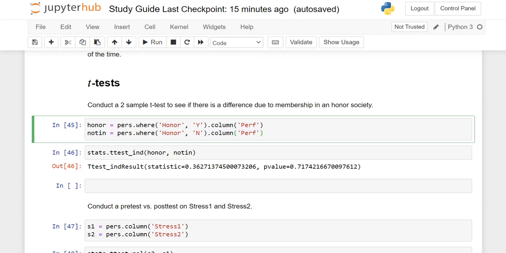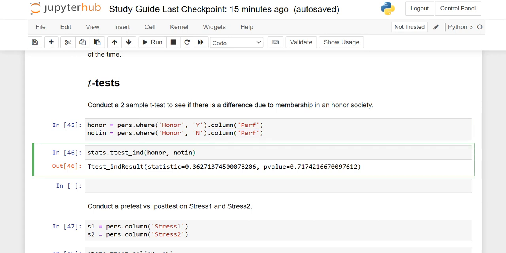Okay, and then stats.ttest_ind, and I just put in the two samples, the two arrays for my two-sample t-test, and you can see the p-value here.